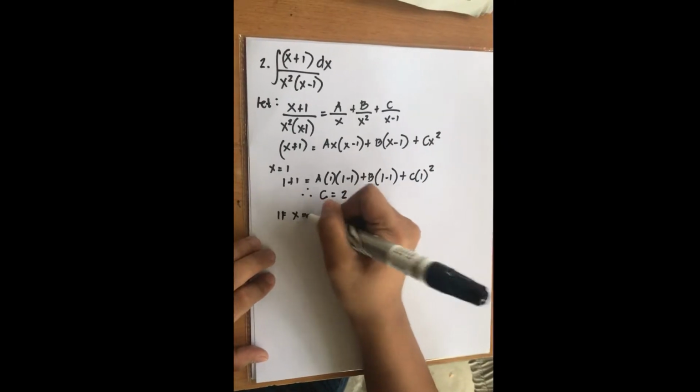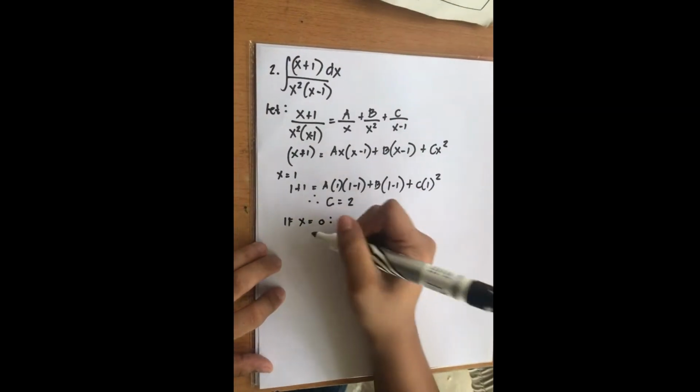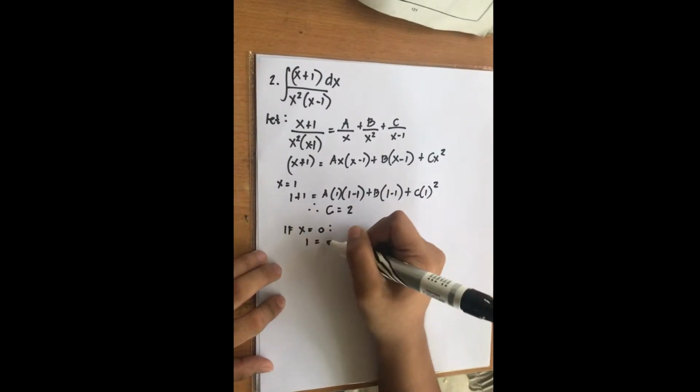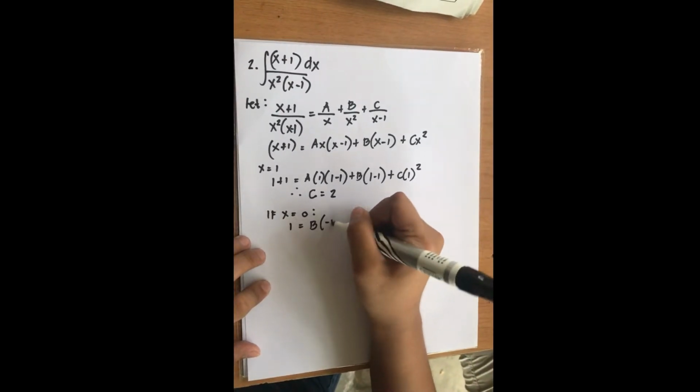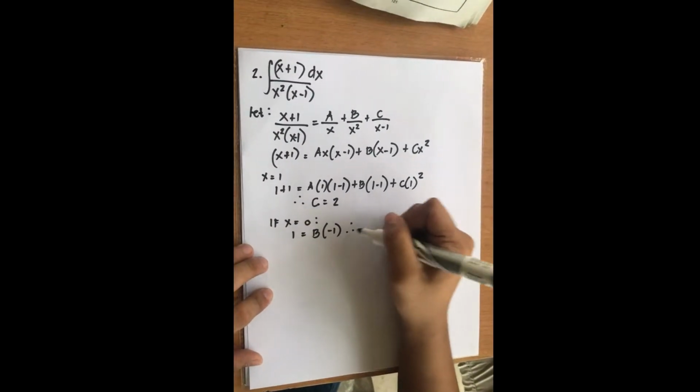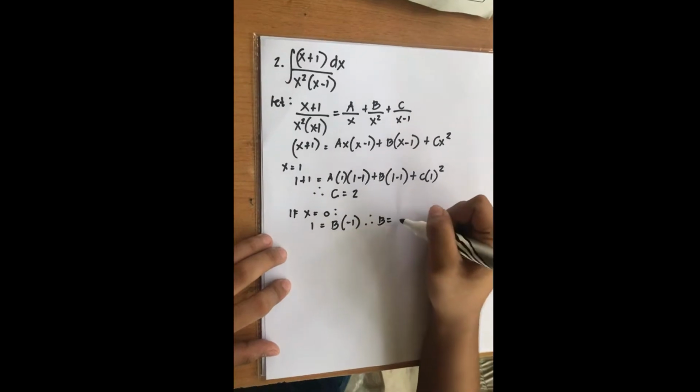If x is equal to 0, we get 1 is equal to b times negative 1, so b is equal to negative 1.